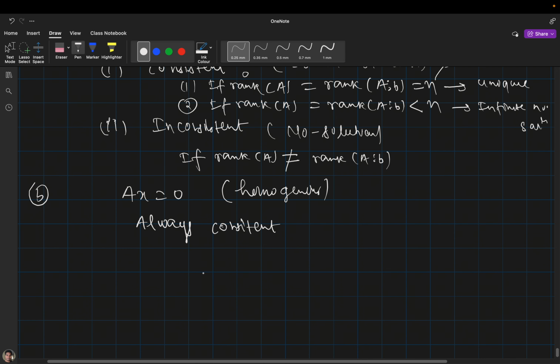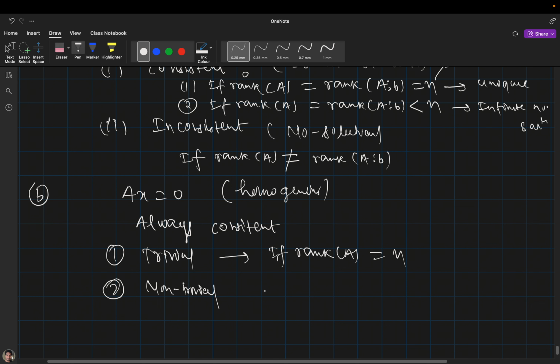It will have only two conditions: one, it is trivial, or another, it is non-trivial. It is trivial if rank of A equals the number of variables. It is non-trivial when rank of A is less than the number of variables. This is the condition.